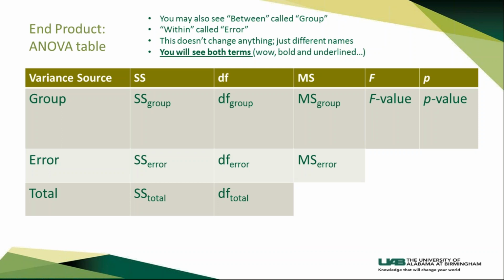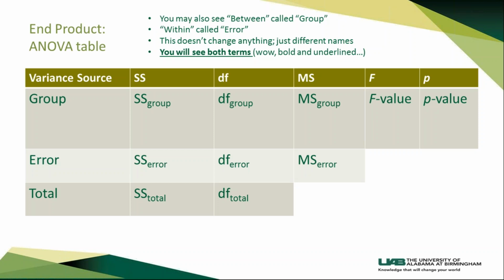So whenever you see group as the variance source, that's the exact same thing as between. So sums of squares or degrees of freedom for the group is the same thing as for between. Group is referring to between groups variability.